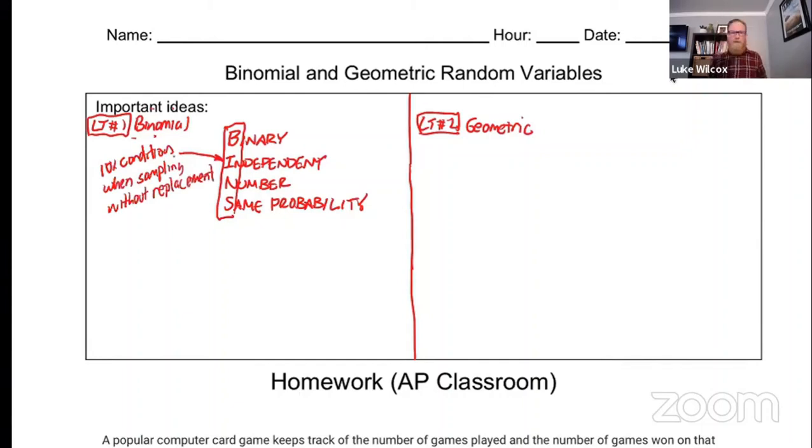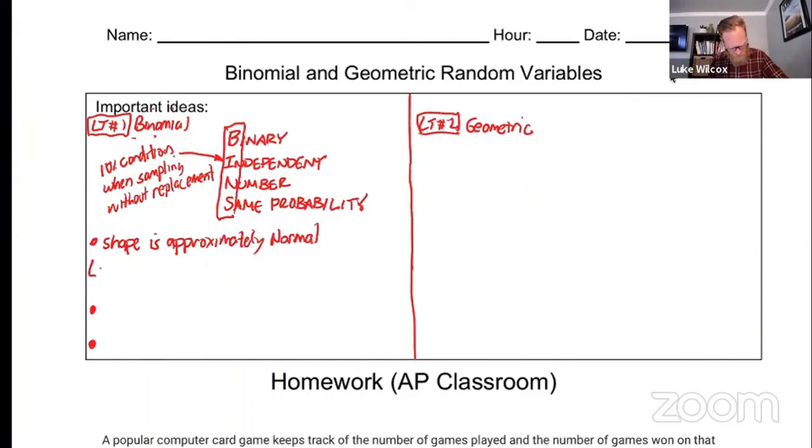Okay, now to describe a binomial distribution, I'm just going to handle this by going shape, center, and spread. And we decided that the shape is hopefully approximately normal. But we do have to check the large counts condition in order to be convinced that that's true.